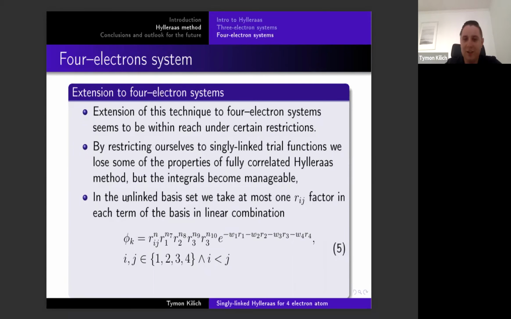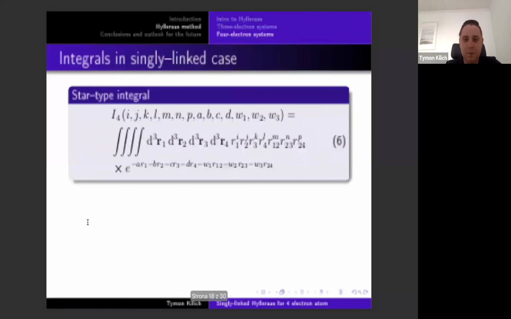This is why I wrote here unlinked basis set. And what I would call singly linked is a Hylleraas function that actually has additional even Rij factors. I will show the results in a second, and it will show that this unlinked approach, when we have only one power of Rij, is obviously not that good.